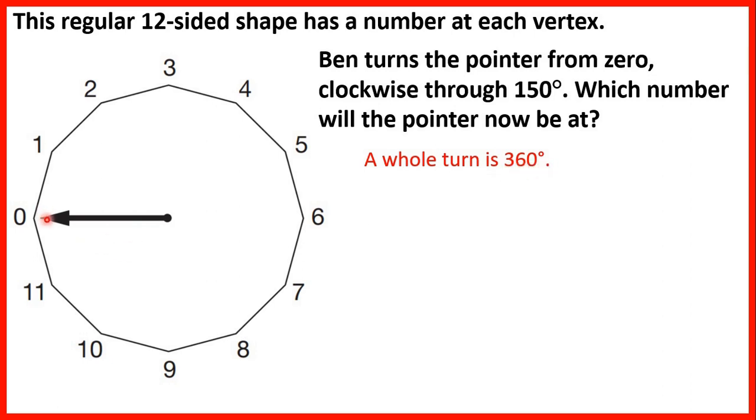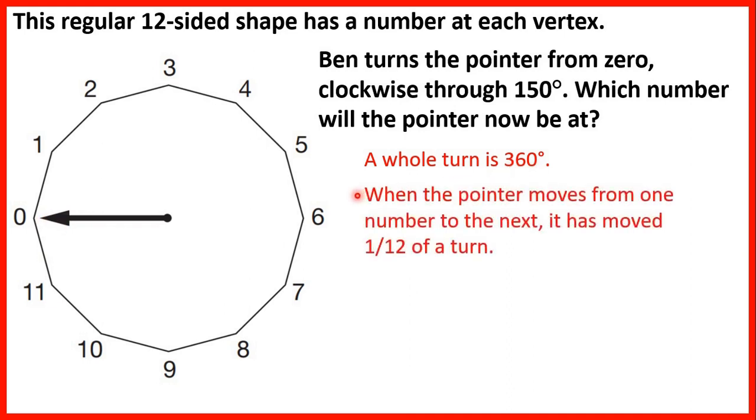So if this pointer started at 0 and then turned all the way around so that it ended up back at 0, that would be a turn of 360 degrees. So when the pointer moves from one number to the next, it has moved 1/12 of a turn.